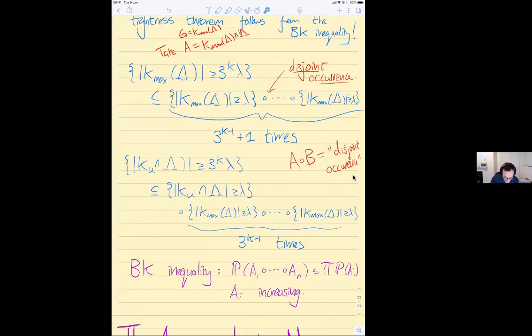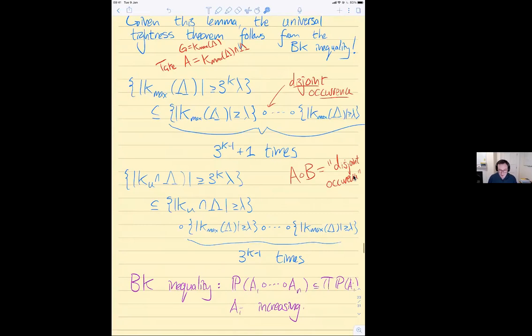Similarly, with the version where you have a specific vertex, you get the disjoint occurrence of one copy of the event that the cluster is large, and 3^(k-1) copies of the event that the maximum cluster size is large. If we can prove this deterministic inclusion of events, then we're done by the BK inequality.